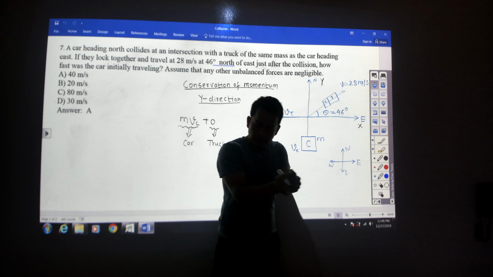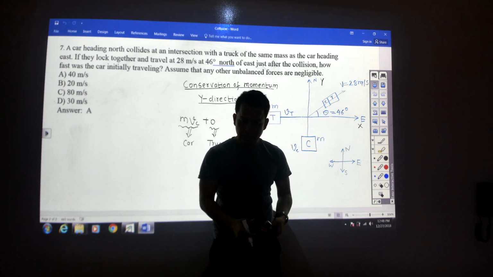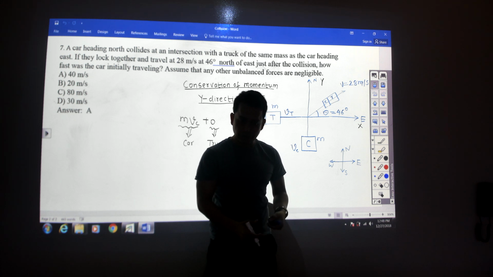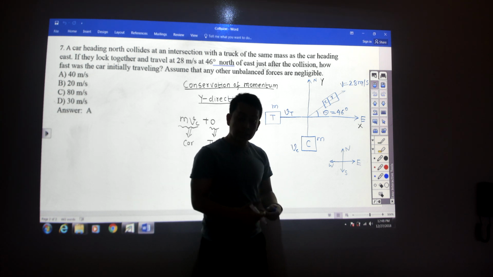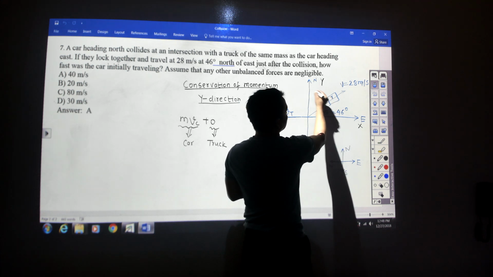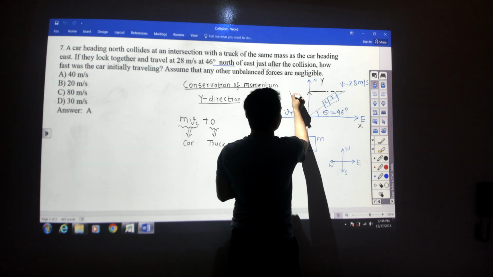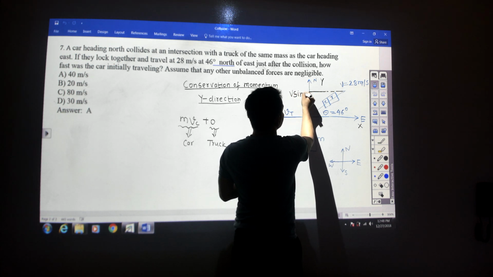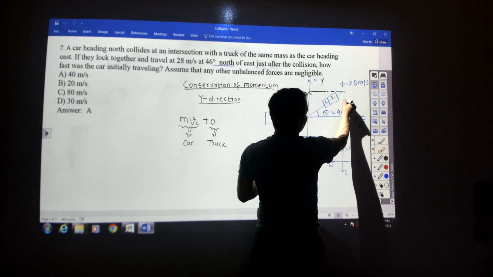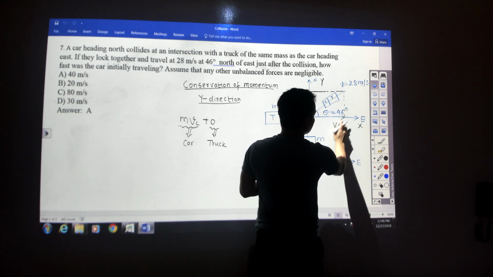They collide together and move at an angle, so it has a component along the x-axis and also along the y-axis. If this angle is theta, the component along the y-axis is v sine theta, and the component along the x-axis is v cosine theta.